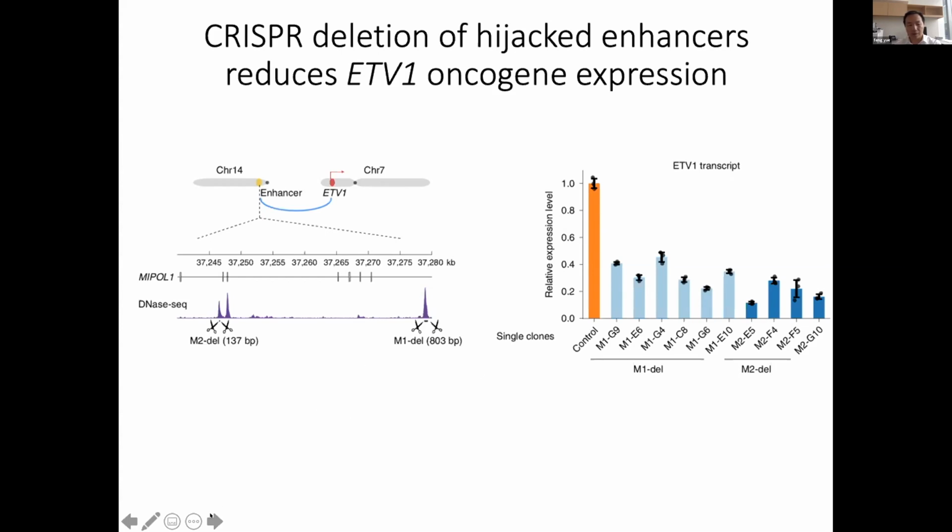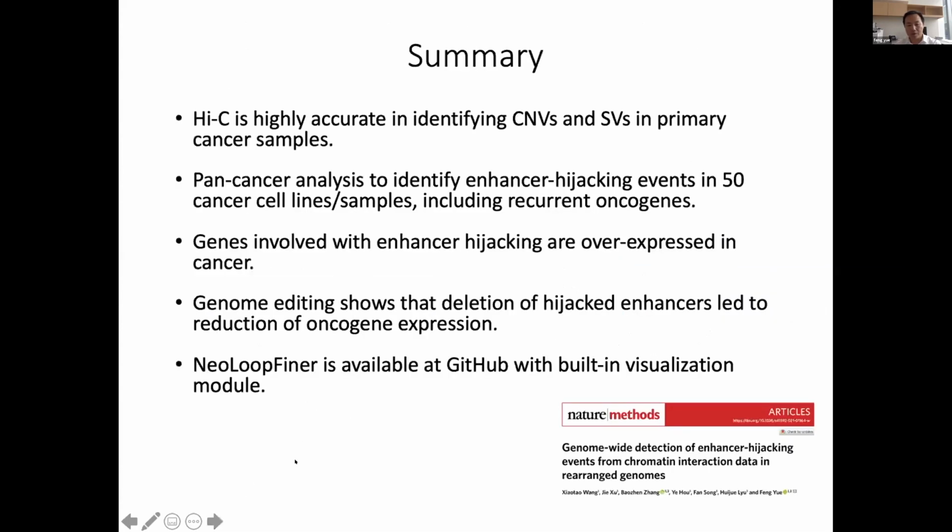So with that, I can conclude our talk today. First, hopefully I was able to convince you that Hi-C is really accurate in identifying CNVs and structural variants in primary cancer samples. Through pan-cancer analysis, we were able to identify enhancer hijacking events in 50 cancer cell lines and 12 cancer types, and we discovered recurrent oncogenes.